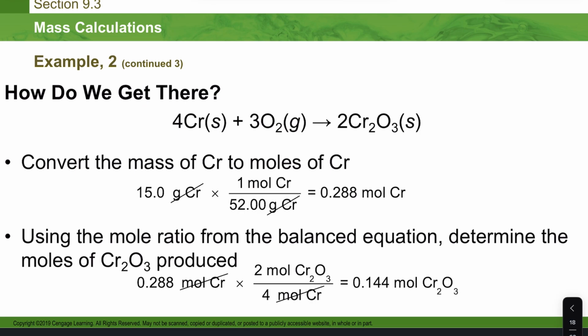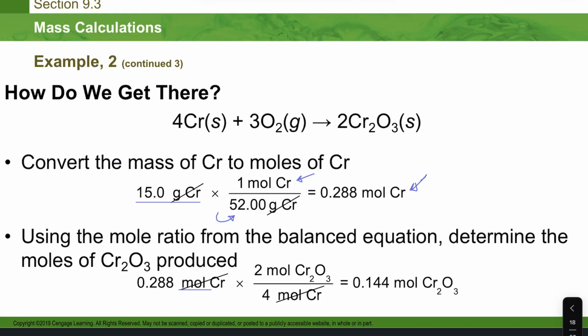So let's continue. We'll start with the amount that we have. We know we have 15.0 grams of chromium, the molar mass of chromium is 52.0 grams, and so we will find the number of moles of chromium. We can then plug that into a new equation that will take moles of chromium.